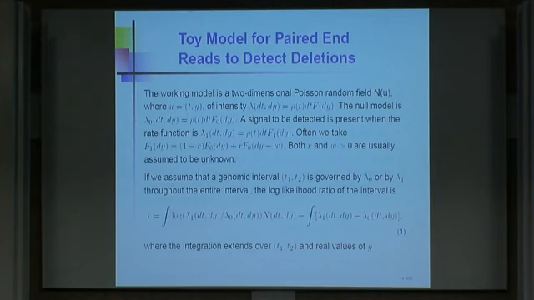And so if we formulate this assuming that we're talking about a Poisson process, then in general it's going to be non-homogeneous. And again, another question is, do we really have to deal with a non-homogeneity, or can we just assume that there's an average amount of coverage?